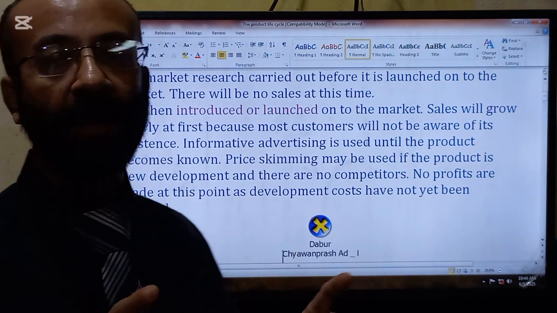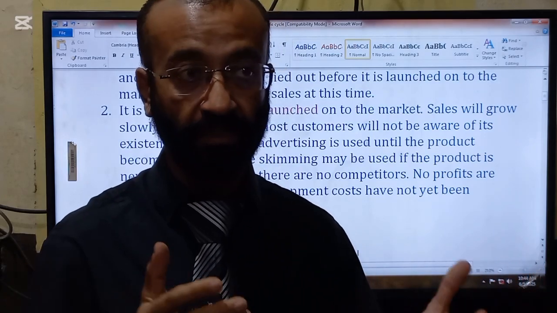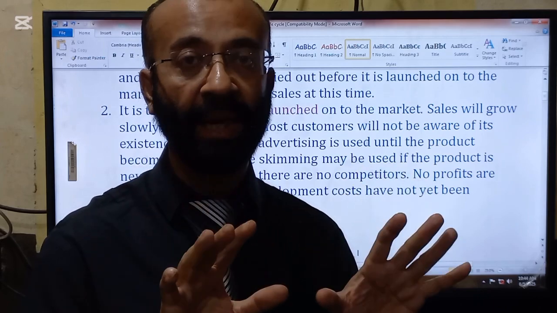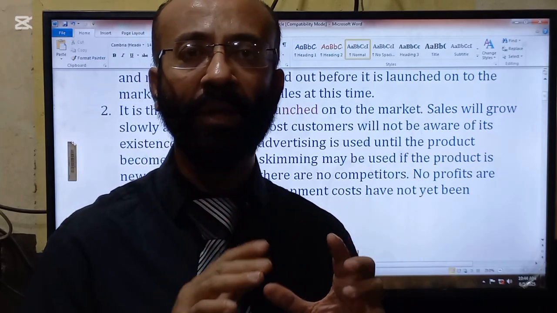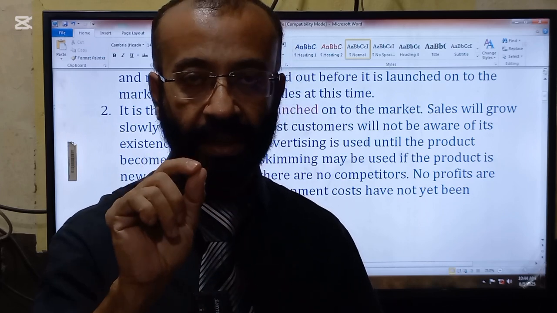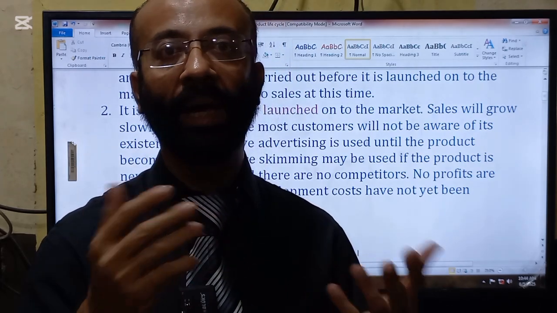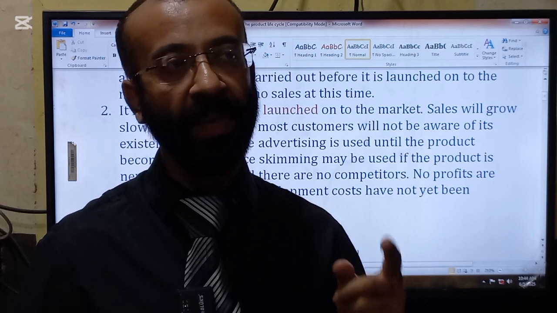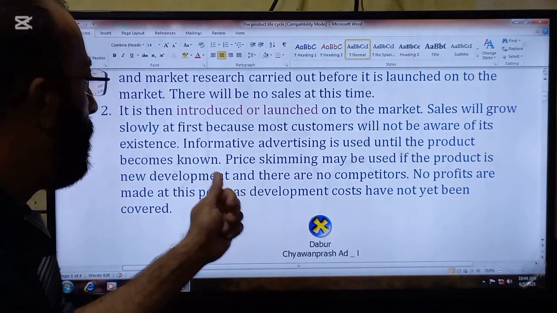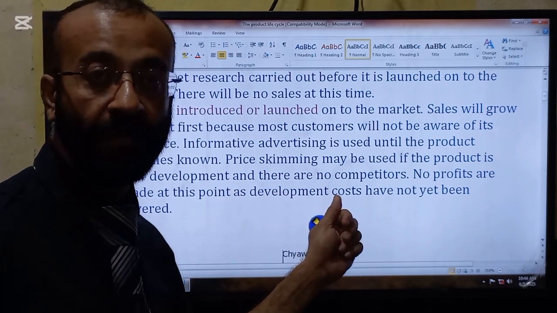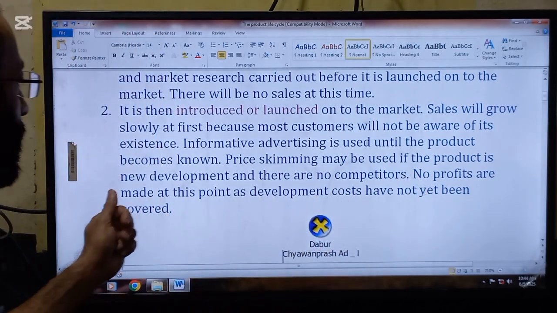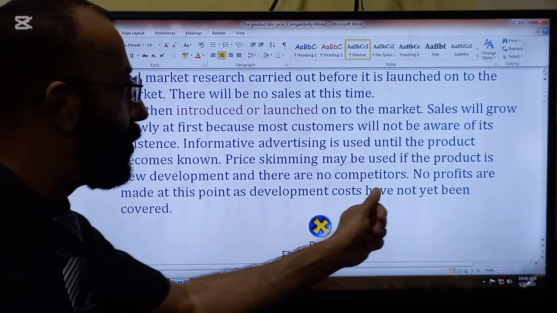If there is no competitor in the market in front of you, because you are the first one who is actually making that product, and you have made a lot of effort to make the product popular, at this stage you may charge higher from the customers because there is no competition in front of you. So price skimming stands for higher price. Price skimming may be used if the product is a new development and there are no competitors.